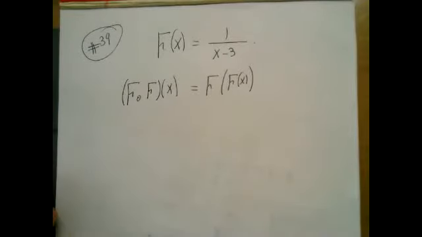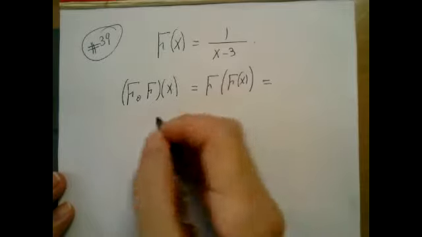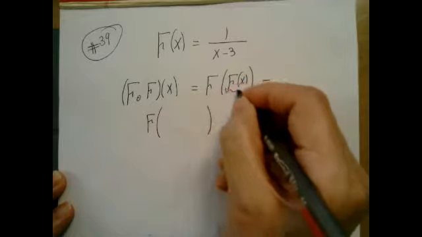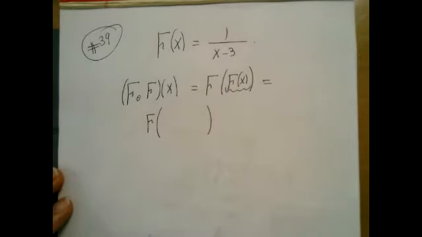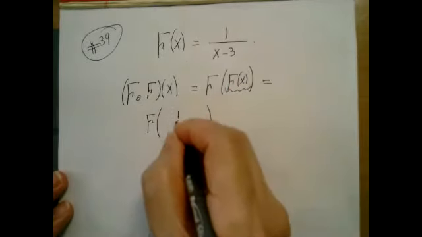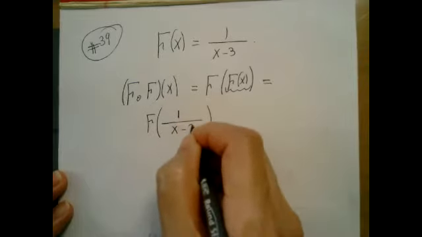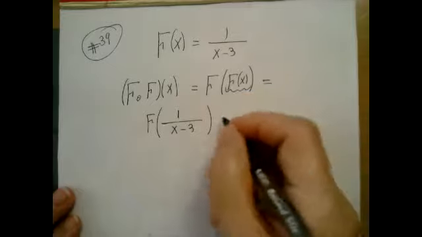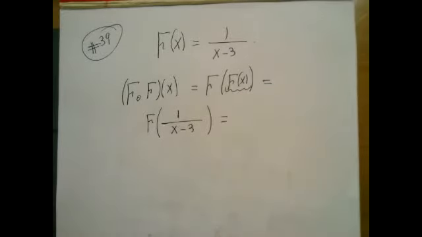So this is a nice algebra problem. So let us do it. What is f of f of x? First, we compute f of x. It's 1 over x minus 3. Okay, now, what is f of 1 over x minus 3?